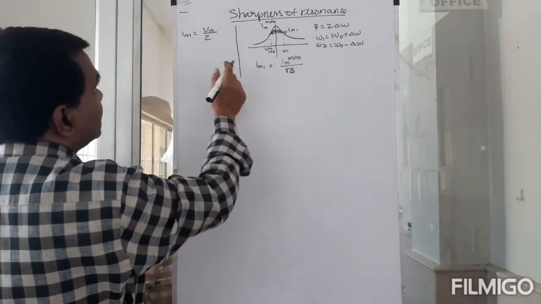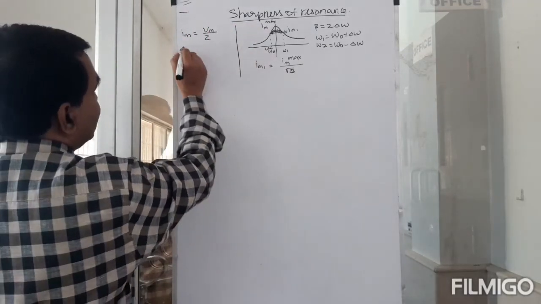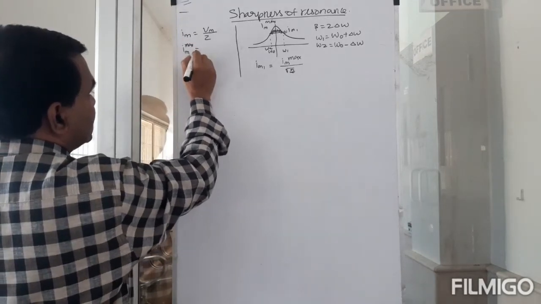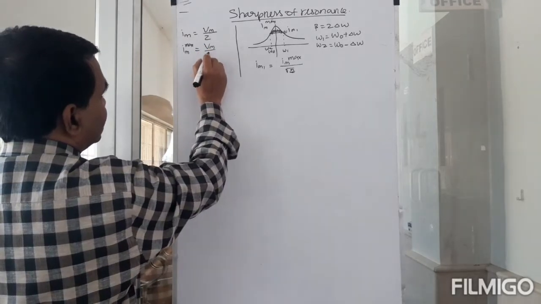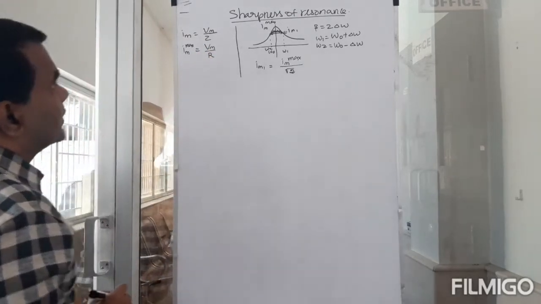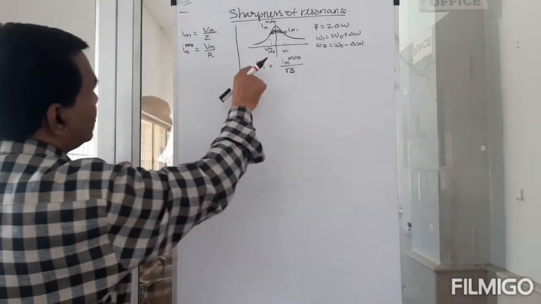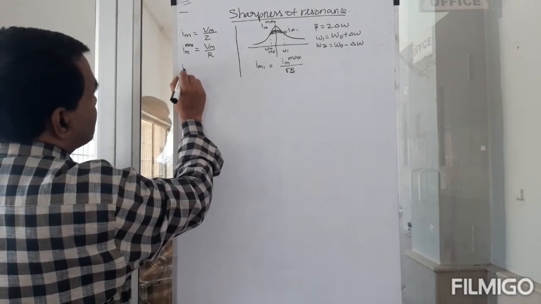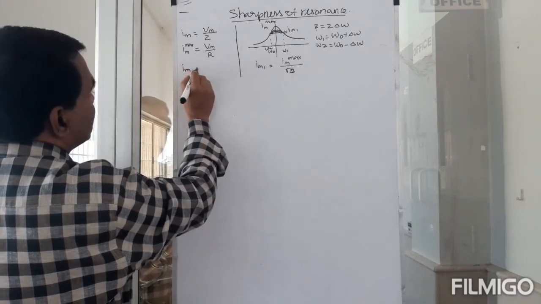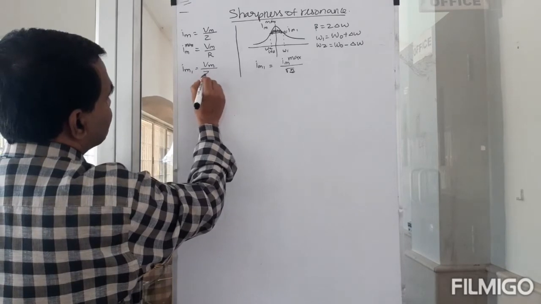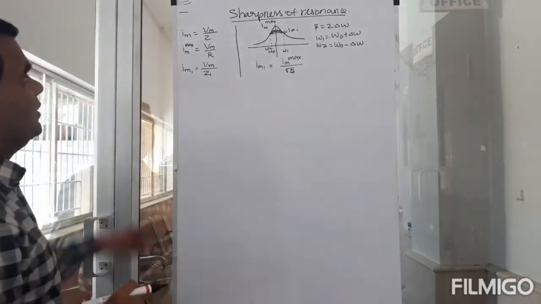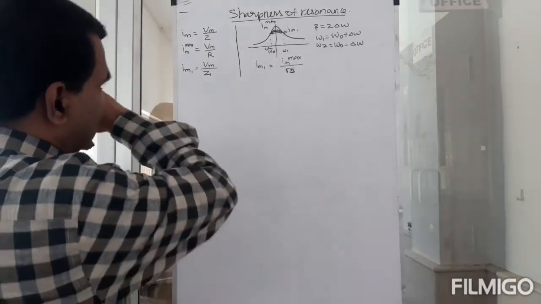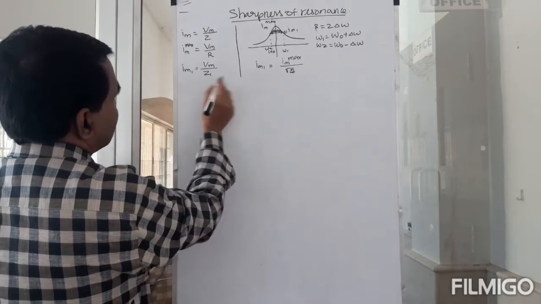At resonance, Z will become R. So IM max, the maximum current at resonance, is simply Vm by R. And what is IM1? IM1 is simply Vm by Z1. What is Z1? Z at omega 1. Then what is Z at omega 1, Z1?